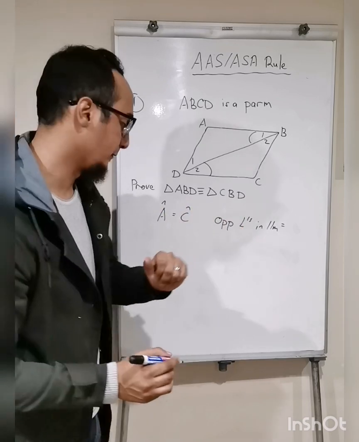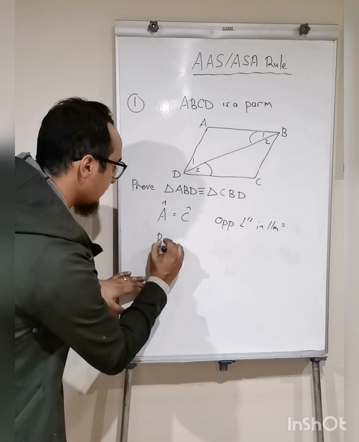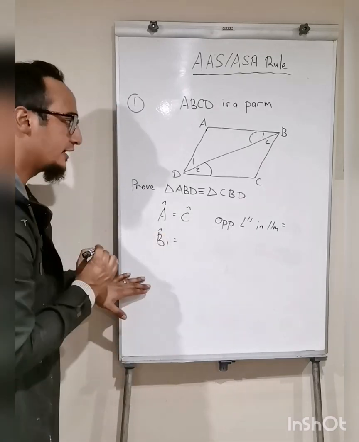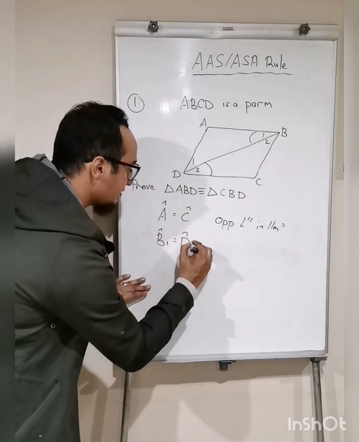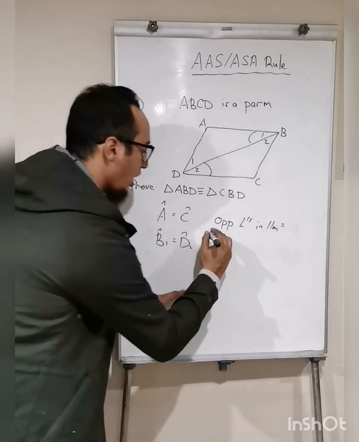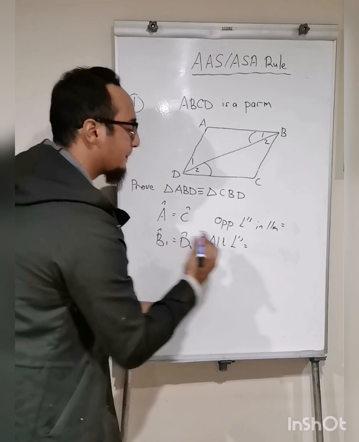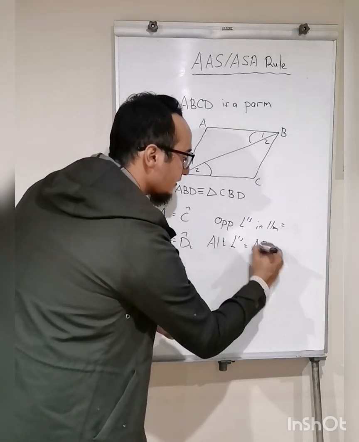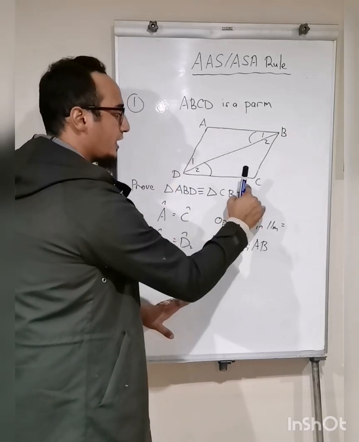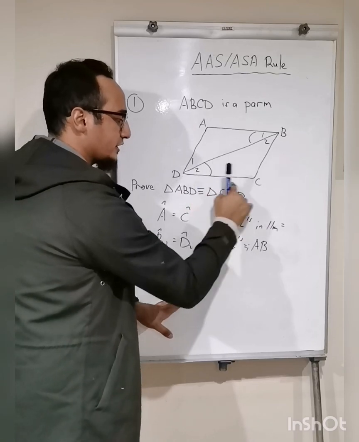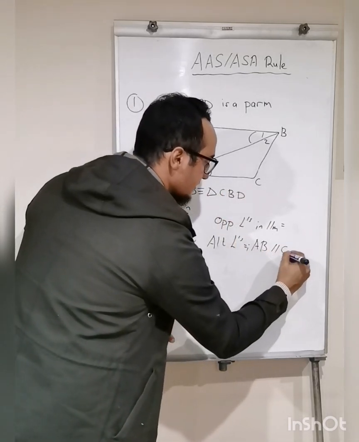You can find that topic below. So this is B1, angle B1 is equal to angle D2. What's my reason? Alternate angles are equal because AB is parallel to this side over here, which is CD.